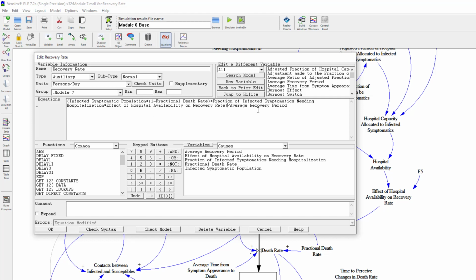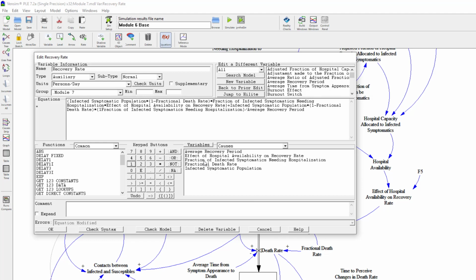Okay, now we're gonna add that to infected symptomatic population multiplied by 1 minus fractional death rate. So these are the people who go through the recovery rate pipeline, and you have to multiply that by 1 minus fraction of infected symptomatic needing hospitalization.